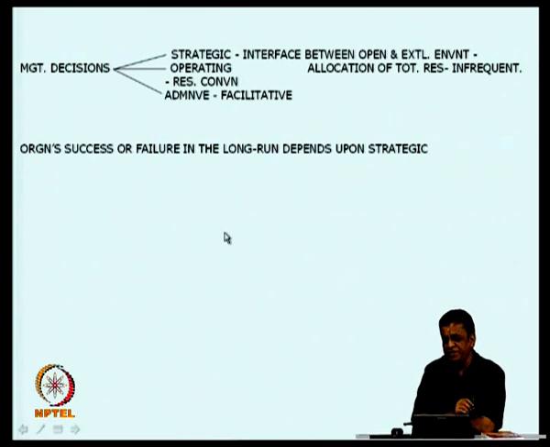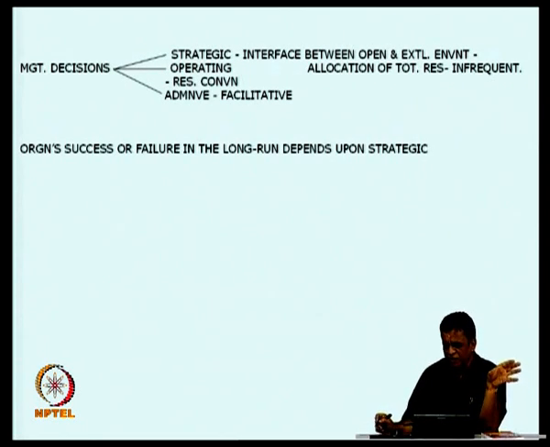What are strategic decisions? These are the most crucial in an organization. They interface between the organization and the external environment. So, in other words, what is going to happen? You are looking at the allocation of total resources in an organization.